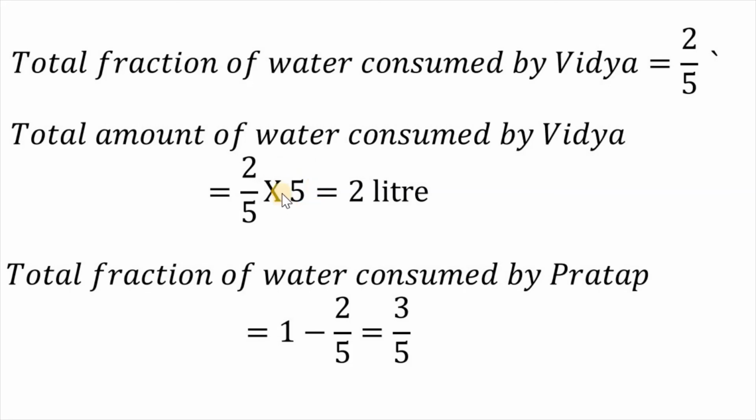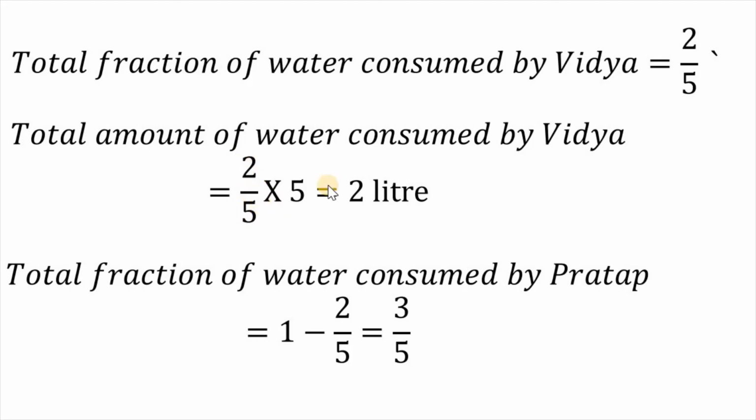The whole here is the total amount of water that their mother gave them, which is 5 liters. Observe that whatever is the unit of measurement of this whole, you need to carry forward the same to the answer. Because this is just representing a fraction and this does not have any units of its own.